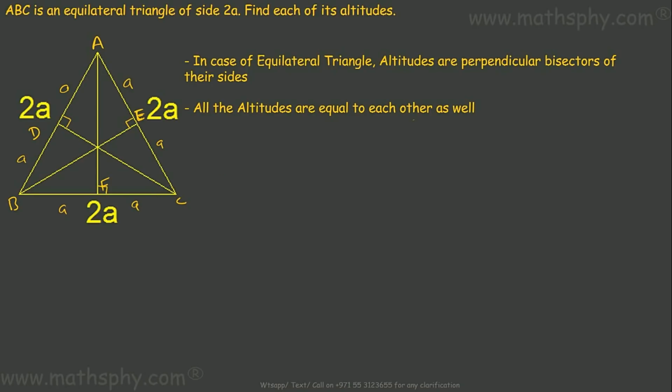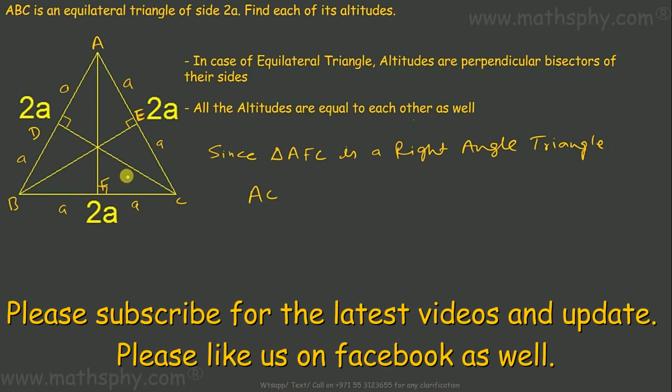So if I have to find out length of AF, I can write it as, since triangle AFC is a right angle triangle, in that case, side opposite to right angle would be hypotenuse.